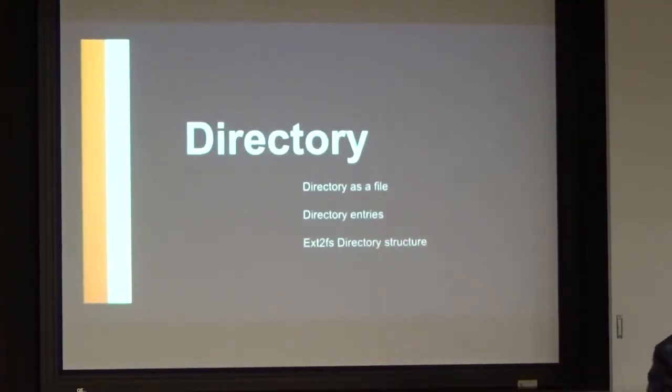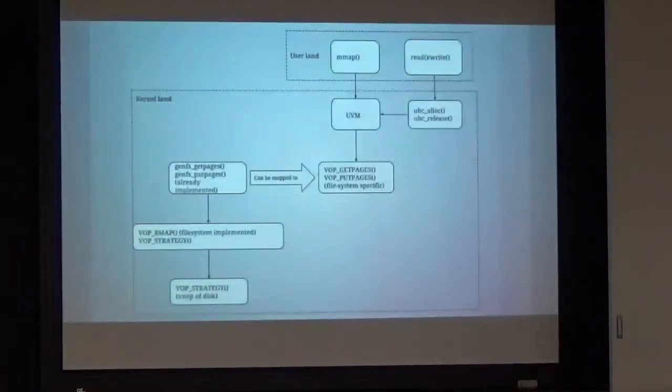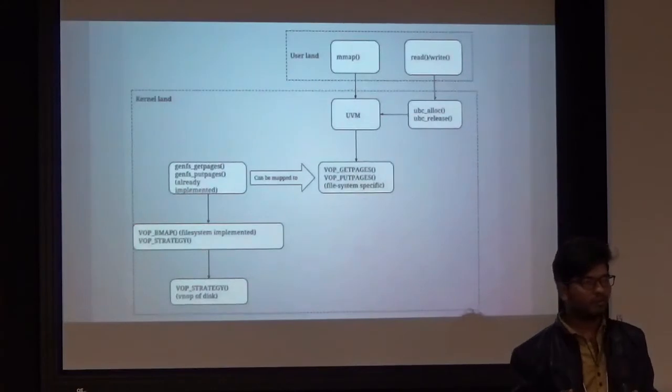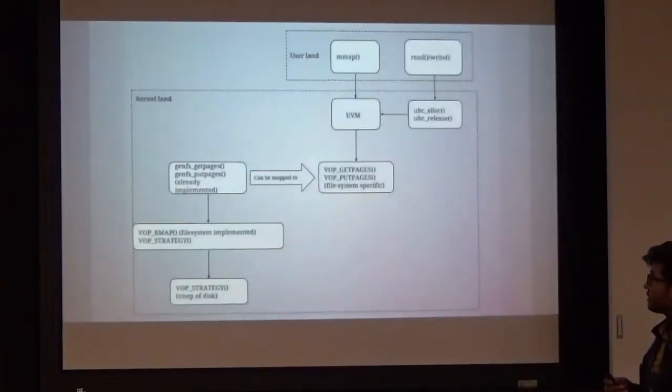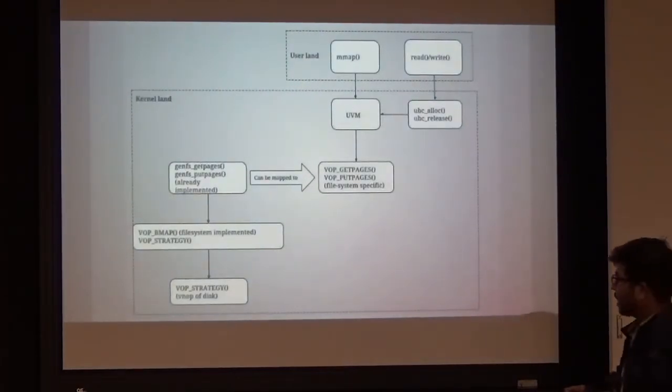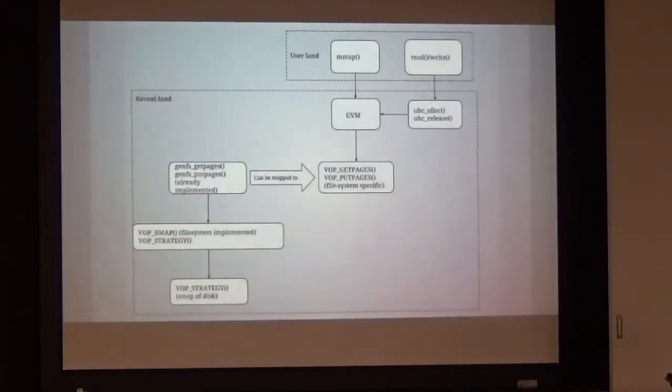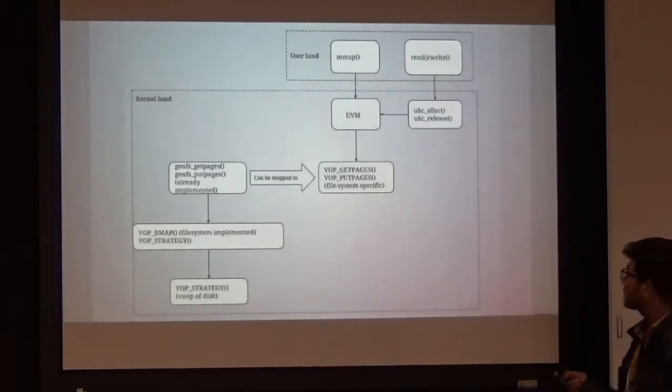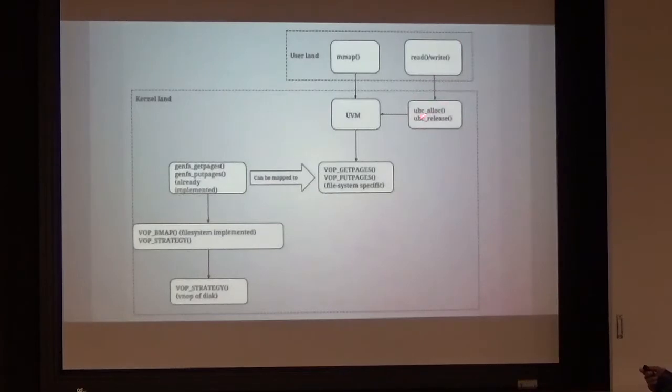For the extent mapping part, I got the Ext4 extent specific code, which mostly remains the same irrespective of the underlying kernel, and the mapping specific part I need to put in bmap. And for bread and bwrite, which were implemented above the buffer cache, I needed to implement them using UBC allocate and UBC release.